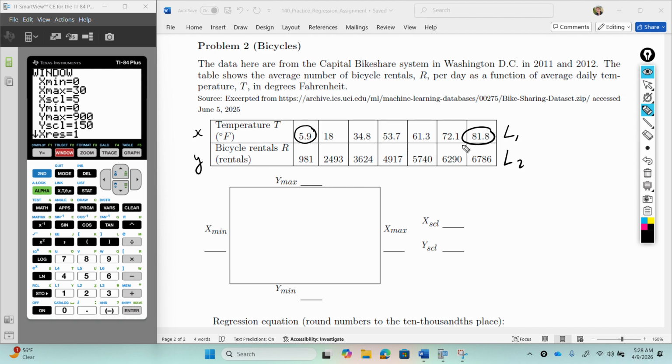So instead of 5.9 to 81.8, I'm going to take mine from, say, 0 to 100, because then I'll be able to divide up these grid marks much easier. You're not going to be able to divide your grid marks up if you take the literal. So I'm just going to have my X min to be 0 and my X max to be 100.